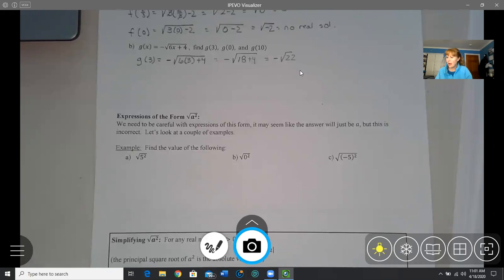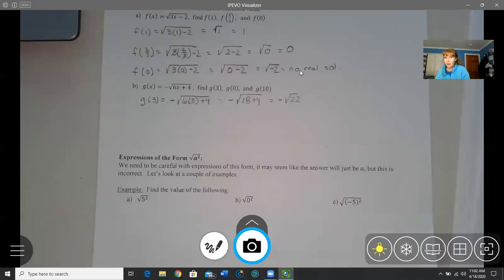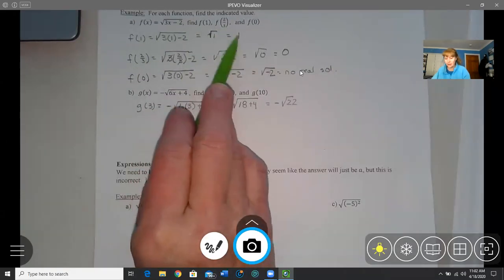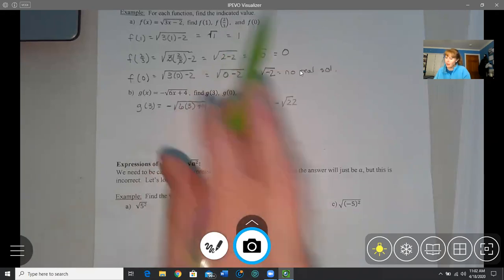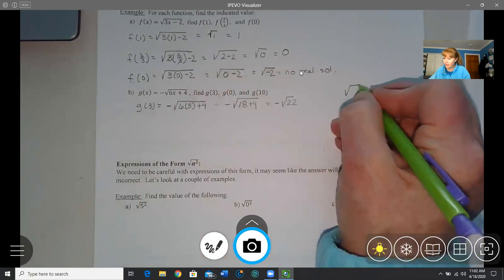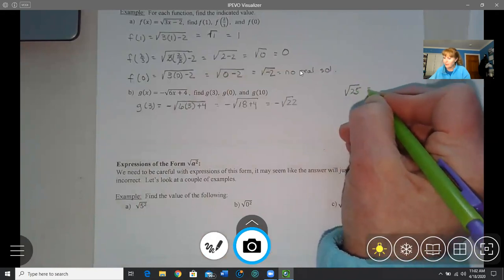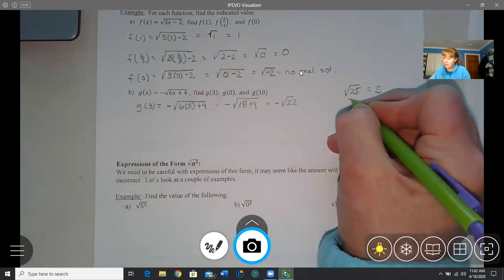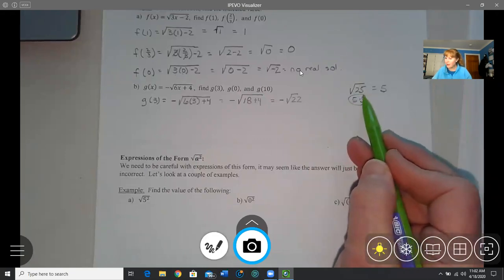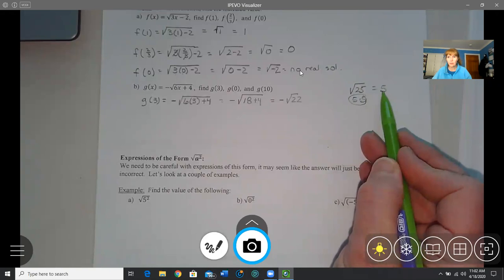Now, the reason I could have reduced, for instance, this 1 up here was because 1 times 1 gives me 1. So it comes out as a 1. Let's look at this idea and make sure you guys are clear on that. The square root of 25 is 5 because 5 times 5 is equal to 25. So what we're saying is that you have to have 2 of something in order for it to come out of the square root.